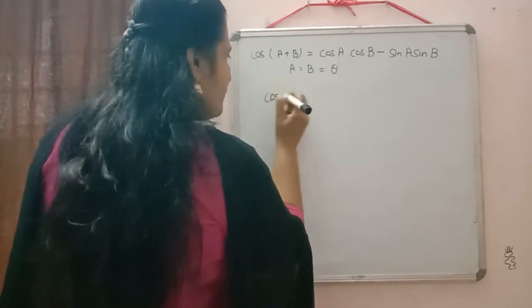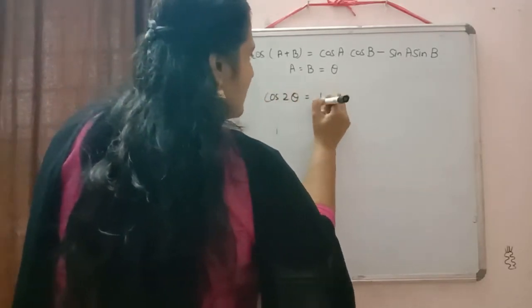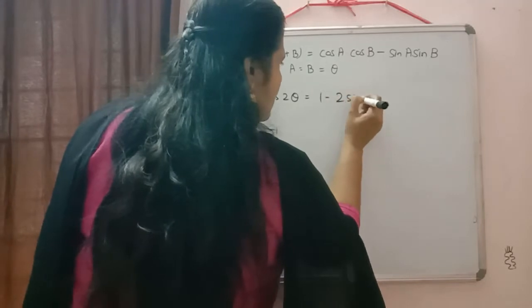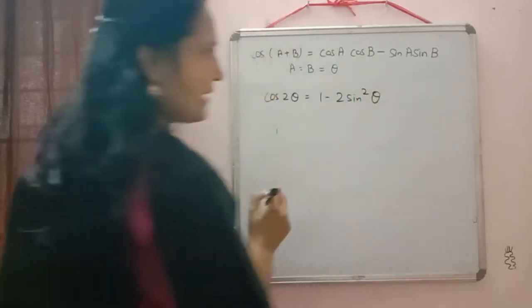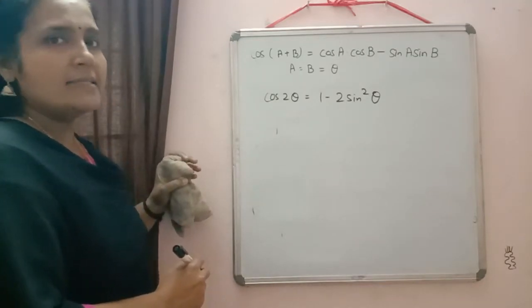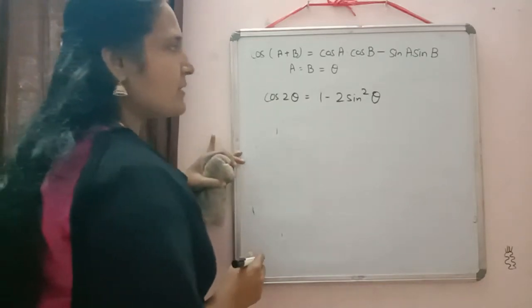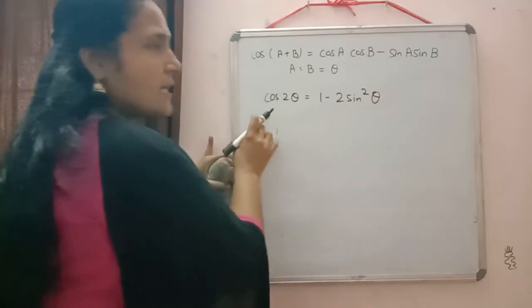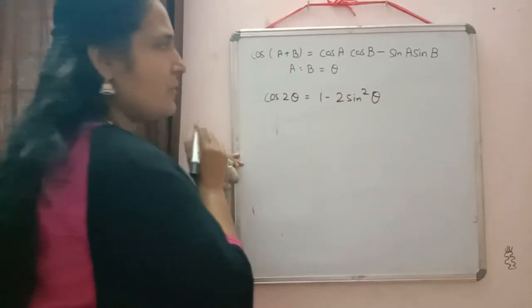Just to check here, what we wrote, cos 2 theta is equal to 1 minus 2 sine square theta. From here we will check what will be the value of sine square theta. Okay, so for that what we can do first, 2 sine square theta we can shift to left hand side.